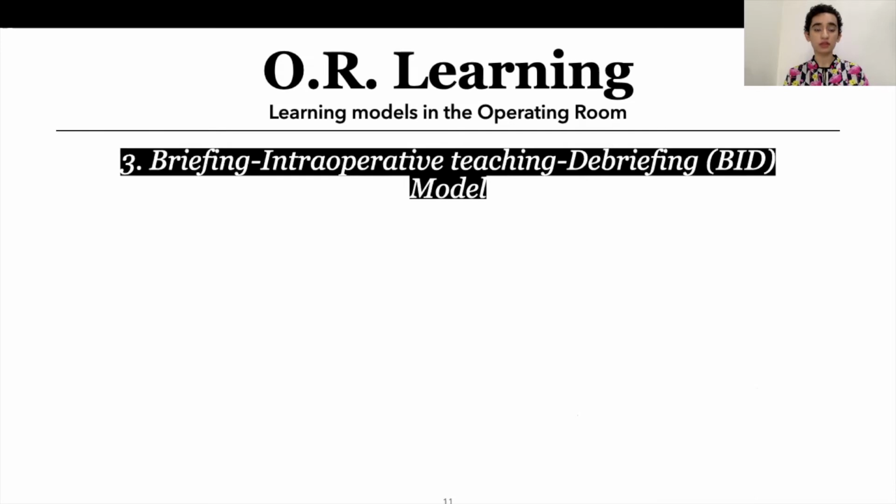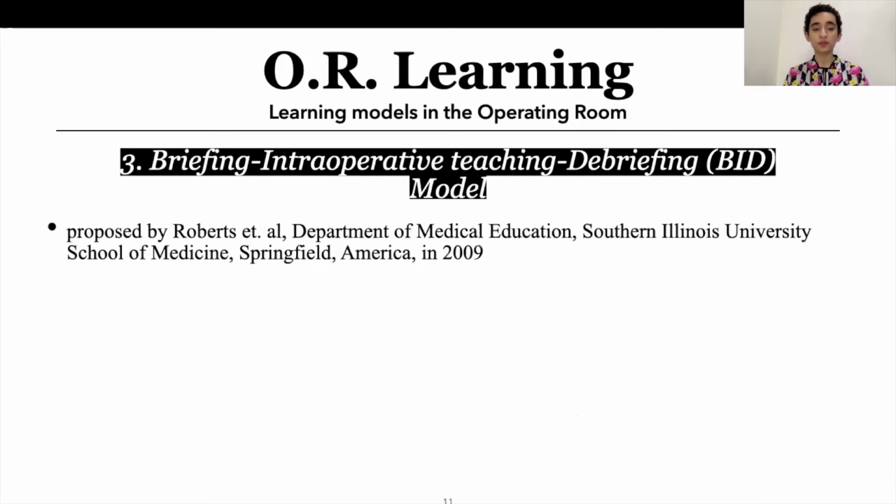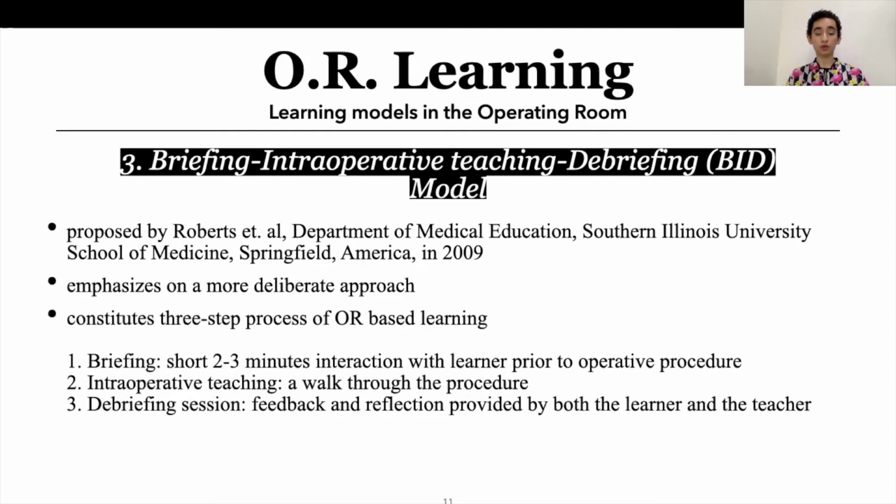Number 3 is the briefing, intraoperative teaching, debriefing model, and it was proposed in 2009 by Roberts et al. It emphasizes a more deliberate approach, and it has a 3-step process, all taken charge of by the surgeon. Briefing includes a short 2-3 minute interaction prior to the operative procedure.